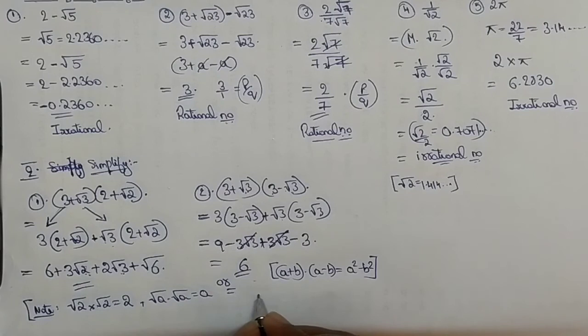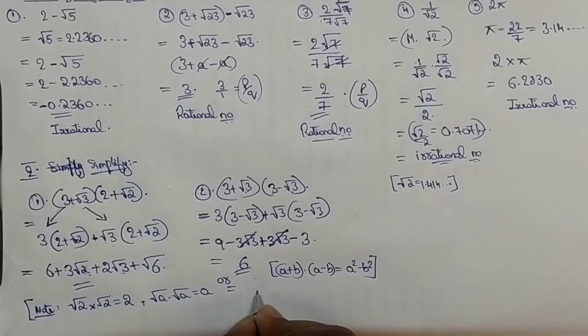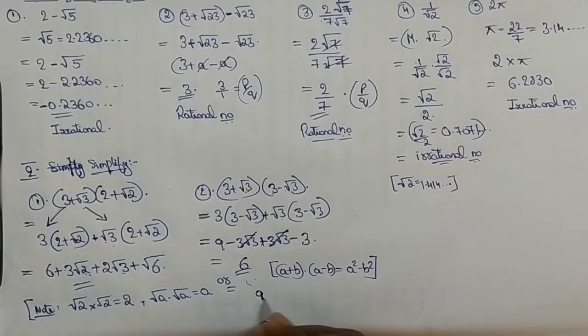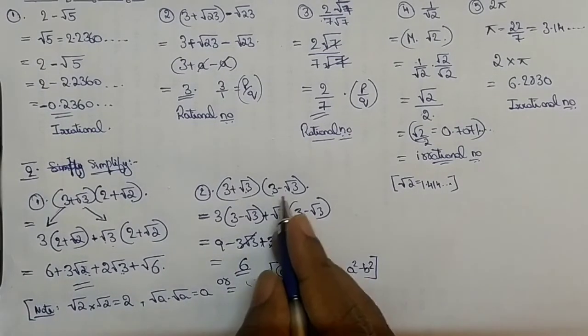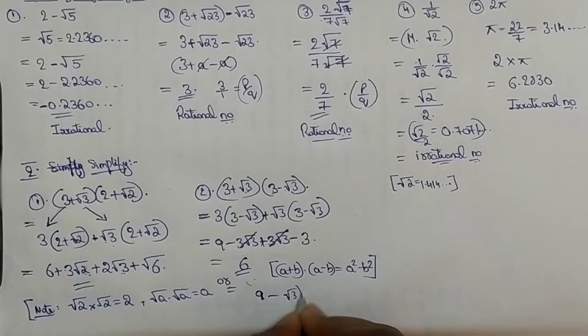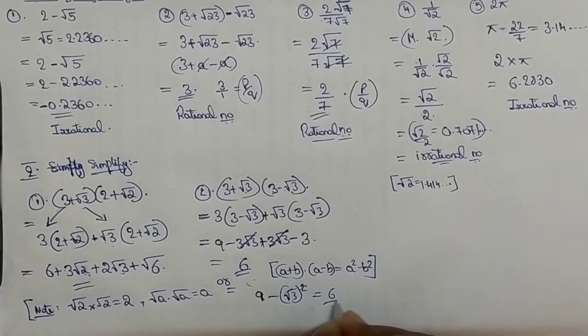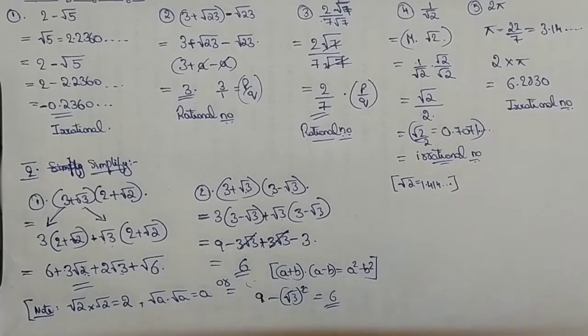Same thing, what is a here? A is 3, a square is 9, minus b square, root 3 square, that is square and square root cancel, 3, and that's going to give you 6. A square is 9, a is 3. I hope you got it.